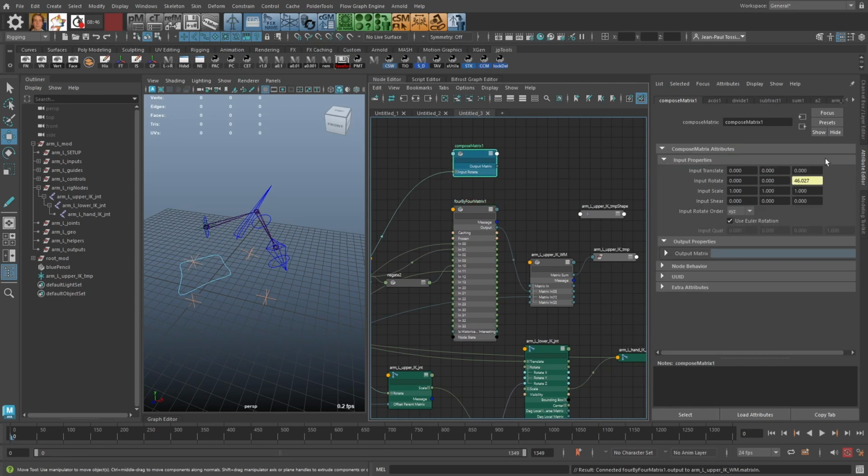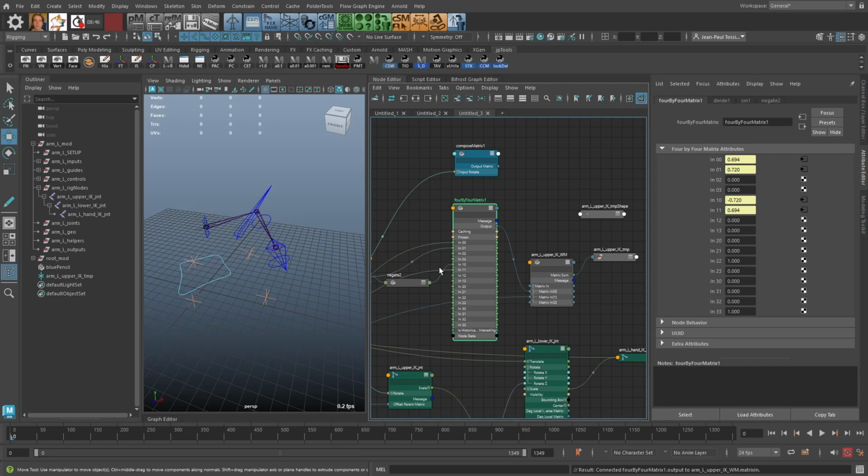So instead of creating 1, 2, 3, 4, 5, 6 matrices for multiplication, we just created 1.